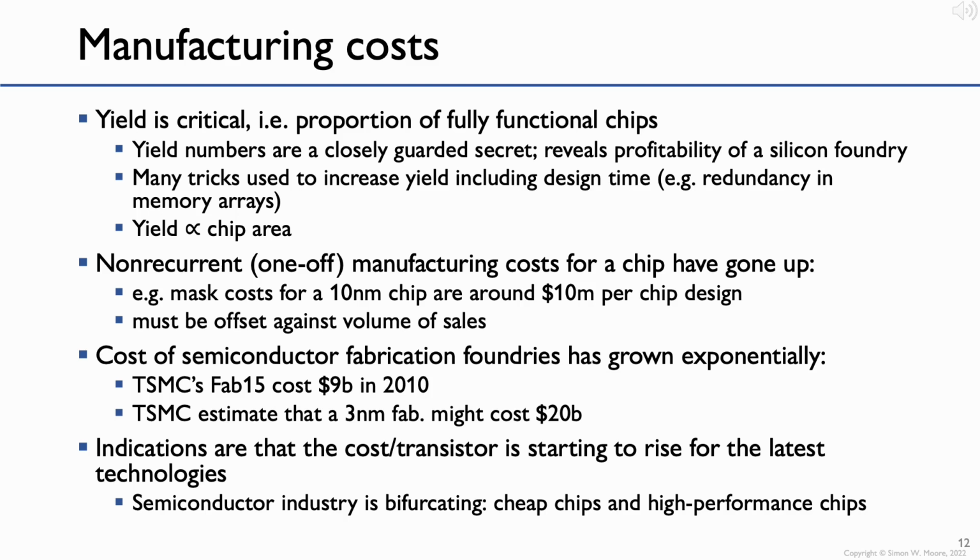The cost of the actual fabrication foundry, so this is where you go and make the chip, has also grown exponentially. So TSMC, the Taiwanese Semiconductor Manufacturing Company, who make chips for all sorts of people, including Apple and so on. Their Fab 15 back in 2010 cost $9 billion, and their current estimate for a 3 nanometer fab is in the region of $20 billion.